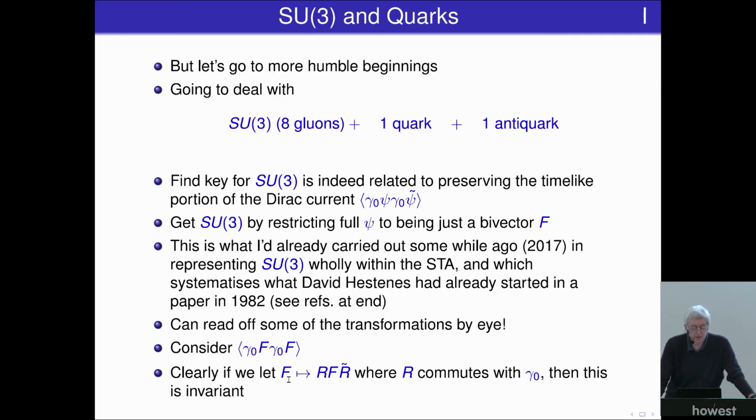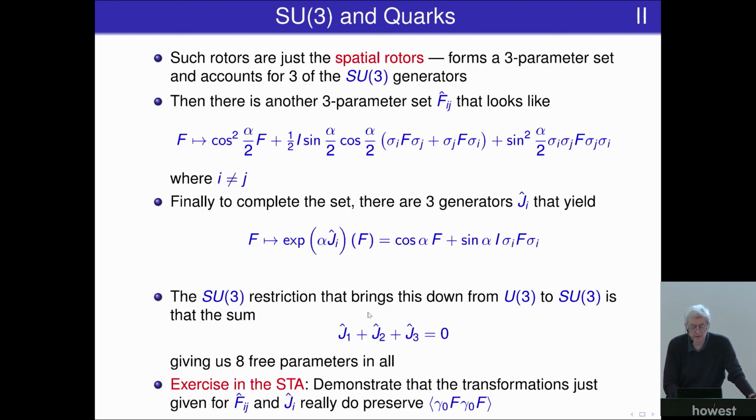Suppose I did a double-sided rotation, R reverse, where R commutes with gamma naught. You can see straight away from this that R will pass through the gamma naughts, and you'll get something that is just invariant.